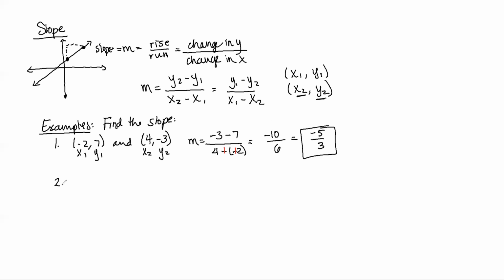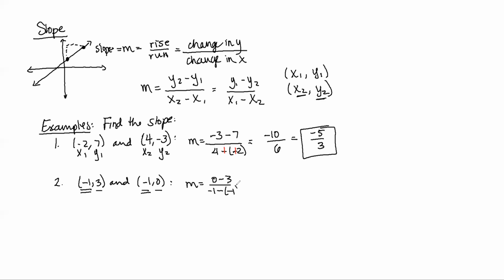Okay, let's go ahead and try another one. So next one here, we're given -1, 3, and -1, 0. So again, our slope here, I'm going to start with the second point. So I'm going to do 0 minus 3 over -1 minus -1.